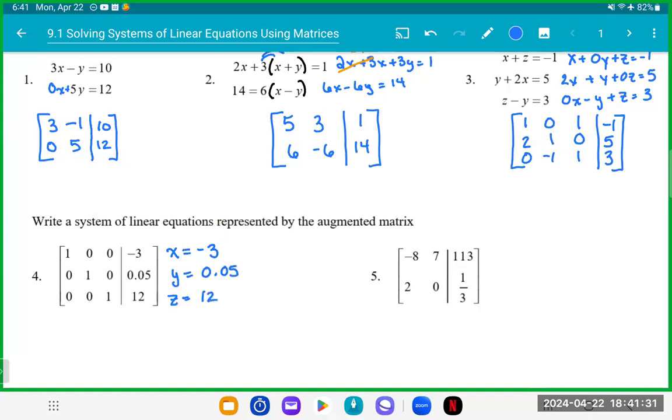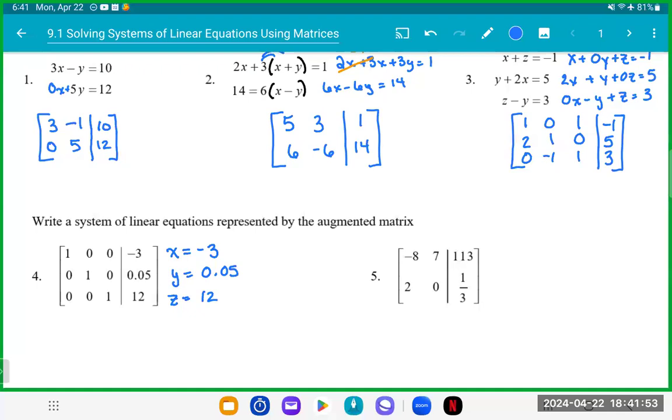Okay. So essentially, if we were to solve this matrix and make it look like this identity matrix, we would get the solution to our system of equations, whatever those might have been.